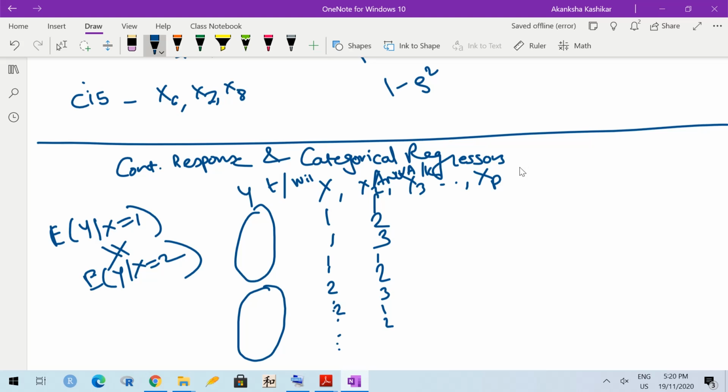And if the t-test or ANOVA null hypothesis is rejected, then only do we know that there is a significant difference. Hence, we can say that this variable does have some contribution in predicting y. Getting my point?